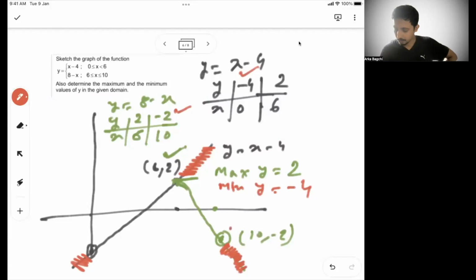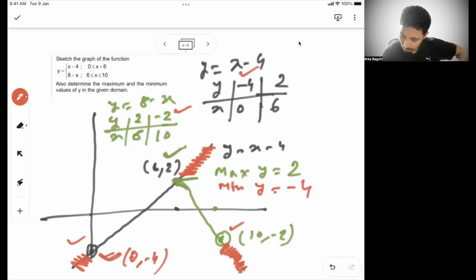Compared to this point and this point, this point basically gives you the lower part. So this is basically your 0 comma -4. Sorry, my bad. So -4 is minimum and -2 is maximum. Okay. Hope this is clear.